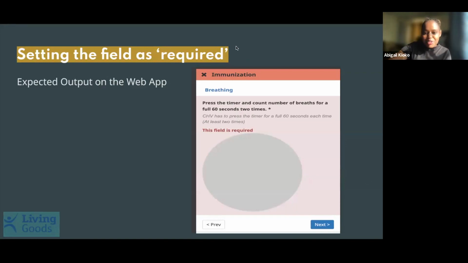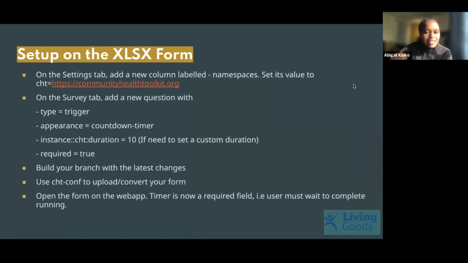And as a CHW user, you are asked to press the timer and count the number of breaths for a full 60 seconds. Yeah, that is 1 minute. And you're supposed to do this 2 times. Yeah, so implementing the countdown timer on a trigger question type, this is what you'll have. You'll have that field as required. Nice.